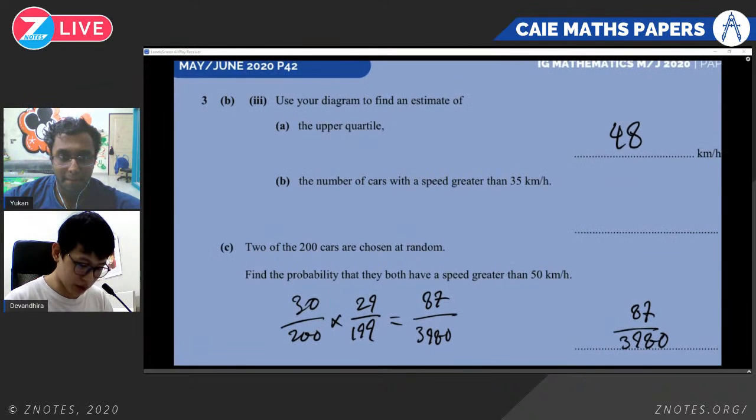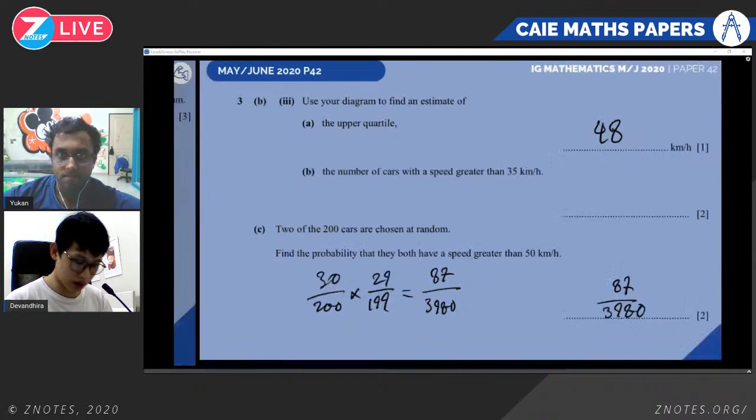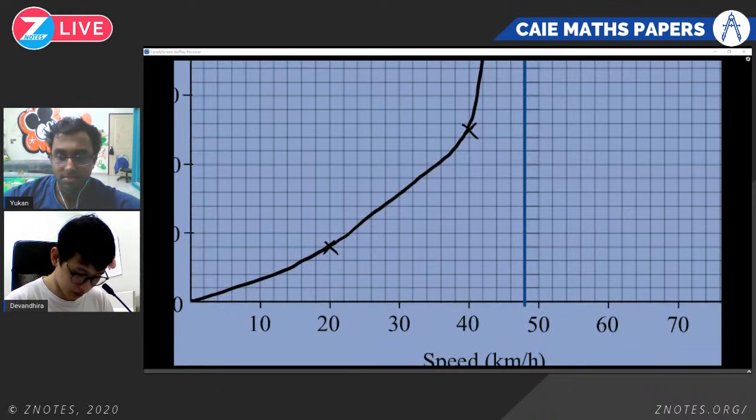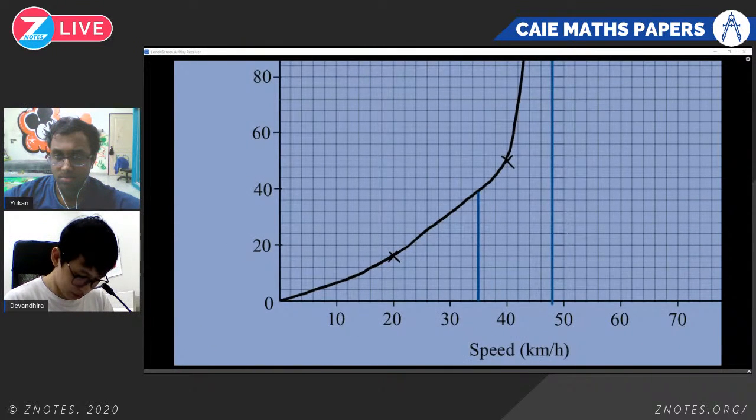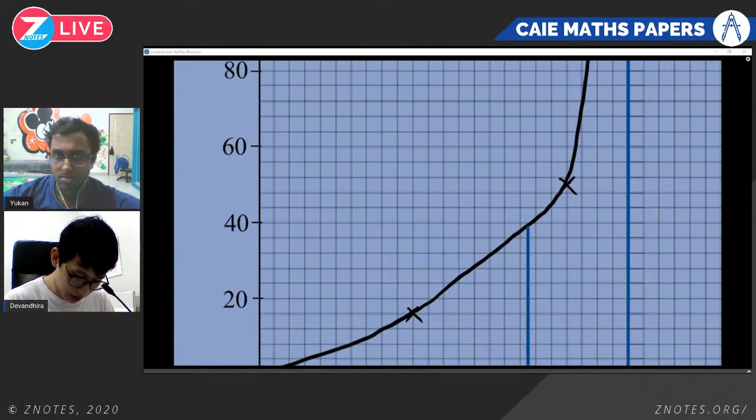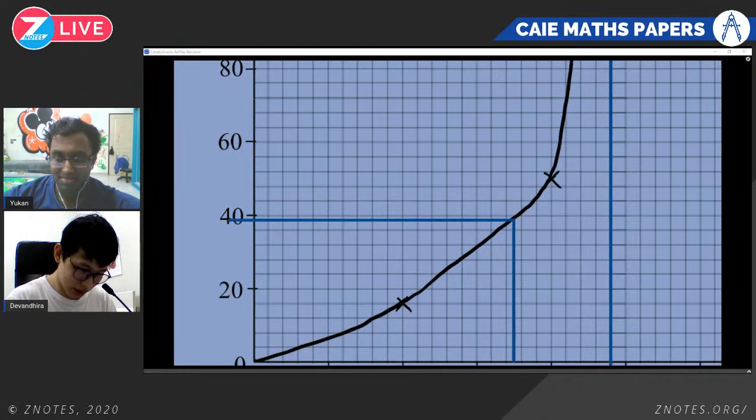Right. So we have the number of cars with speed greater than 35 kilometers per hour. So let's put 35 kilometers right here. Where's 35? So 35 should be here. My diagram is bad, but I think this should be 40 if we approximate it. We just have to put a line right here.